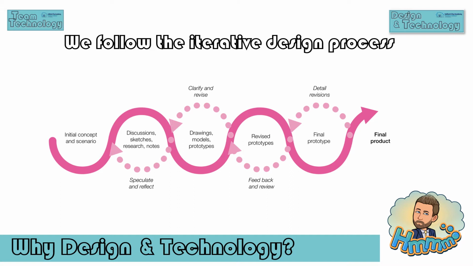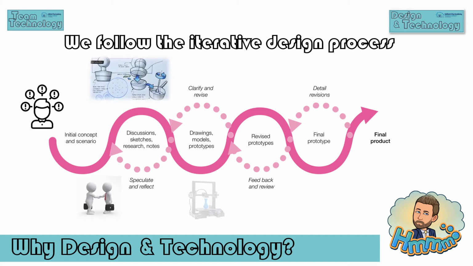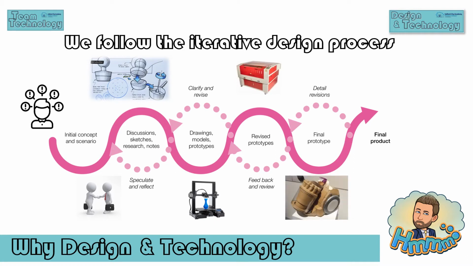The process goes from initial concept to discussion, making sketches, then you'd revise those sketches, then develop them to make a model, using paper, card, 3D printers, laser cutters. Then you'd revise the prototype. You'd meet with a client, and they either approve it or they go back. You constantly evaluate and re-evaluate, and it builds up your reflective practice and your resilience.